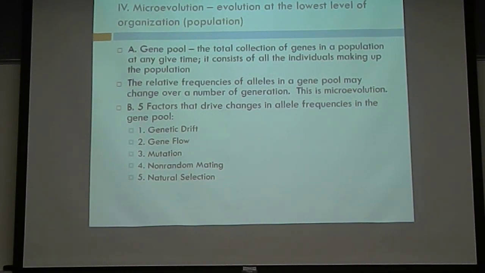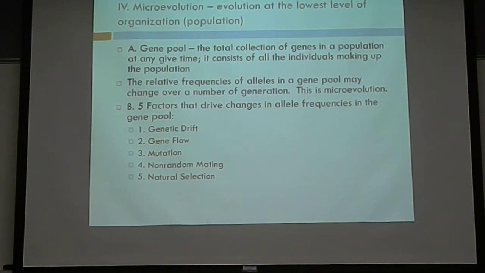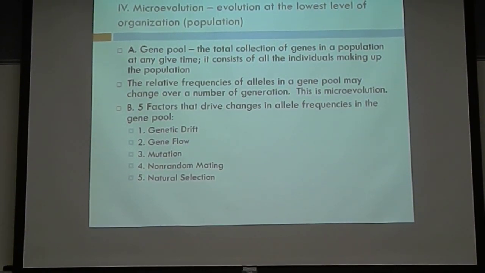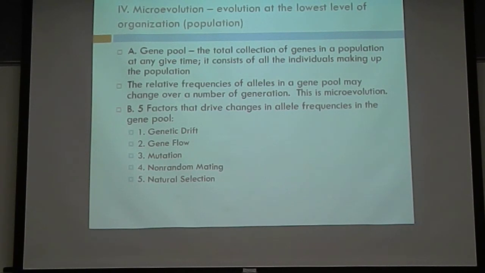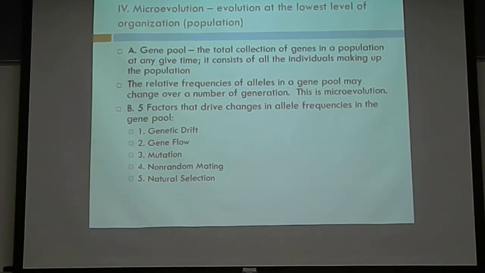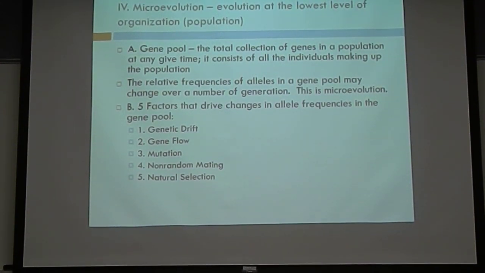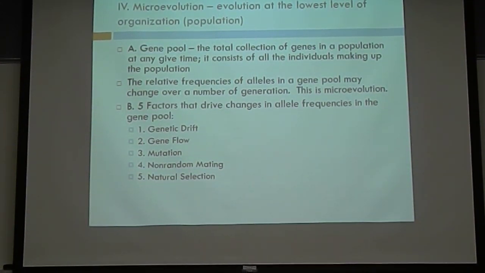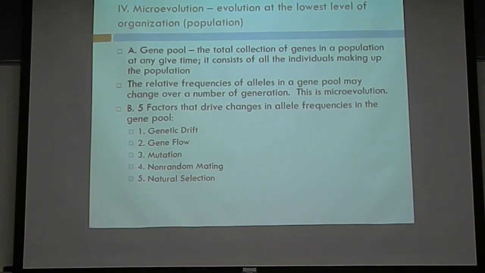The dominant allele would be more populous in the gene pool than the recessive allele. The percentage of the dominant allele and the recessive allele of a particular gene in the gene pool is called the relative frequency of those alleles.